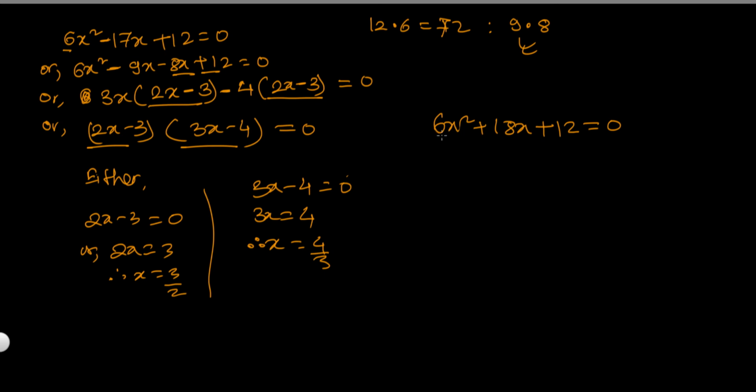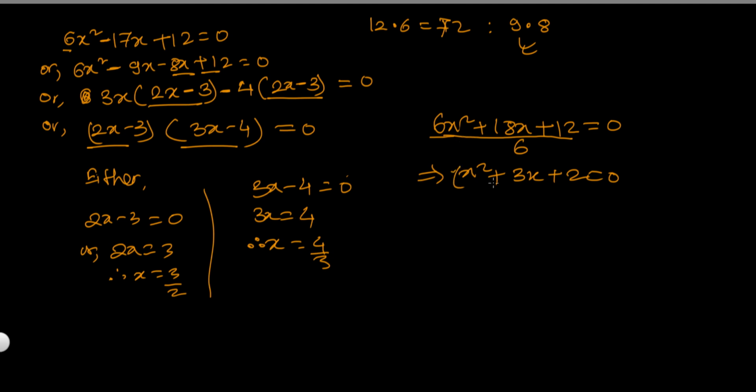Over here, if you divide the whole thing by 6, we're gonna have x squared plus 3x plus 2. So whenever you see a quadratic expression which has any number or any quantity common in all its terms, then always take it out before factorizing. It would make your problem a lot easier.